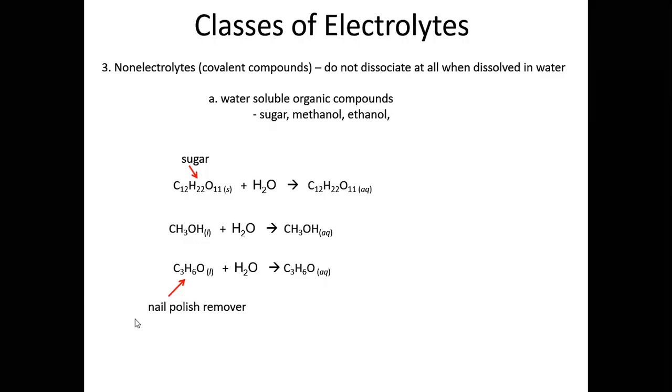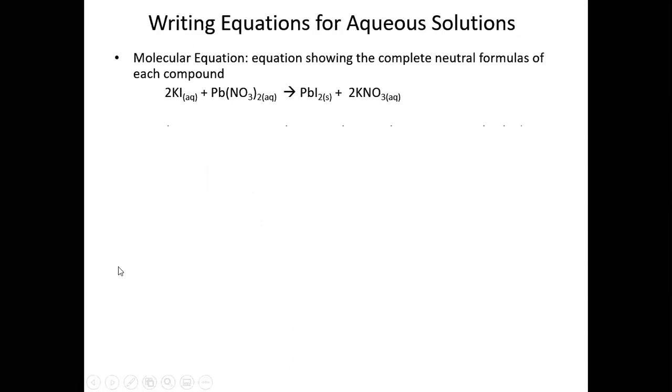So now we talked about the different groups of compounds and how they behave differently in water. Now we're going to focus mainly on strong electrolytes for a while and talk about how to write equations involving those types of compounds. When we write equations in aqueous solution, by the way, the little subscripts indicating the physical state of the compound are very important.